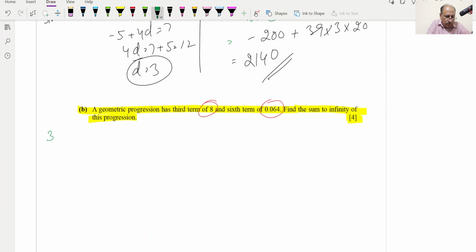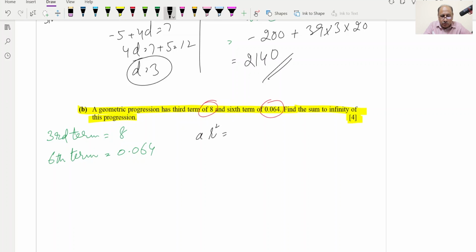We have the third term, which is equal to 8, and we have the sixth term as well, which is given as 0.064.